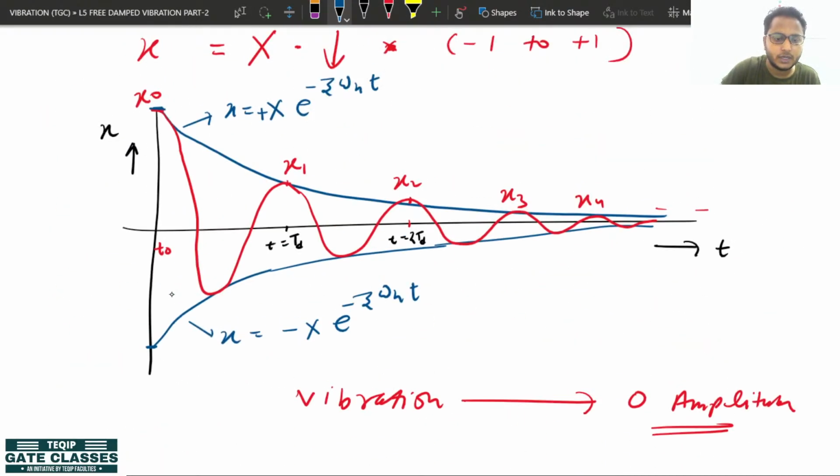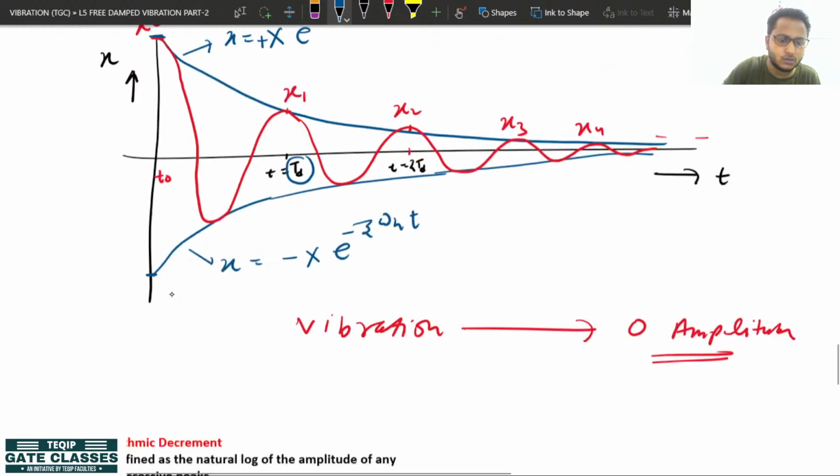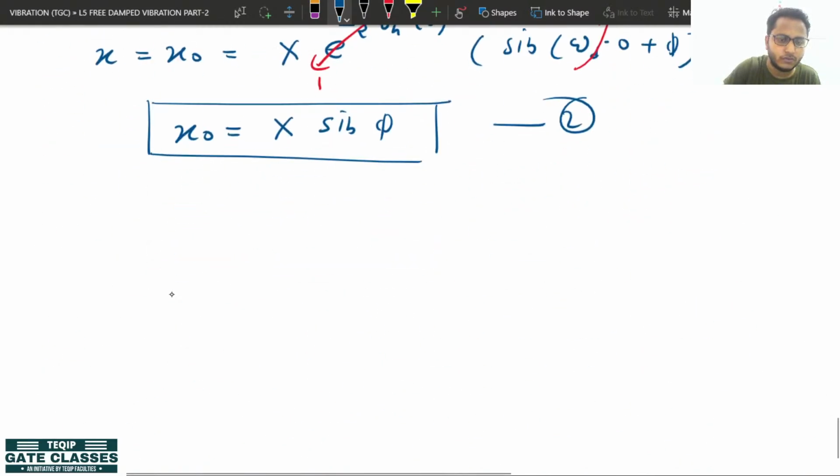Now how will we get x1? At what time? It will be at t equals td. If we put the value of the first time period, then we will get x equals x1. So at t equals td, we will get x equals x1.